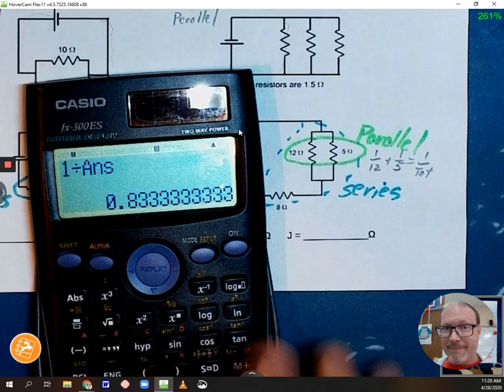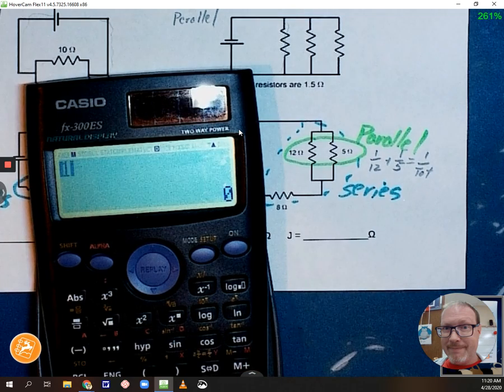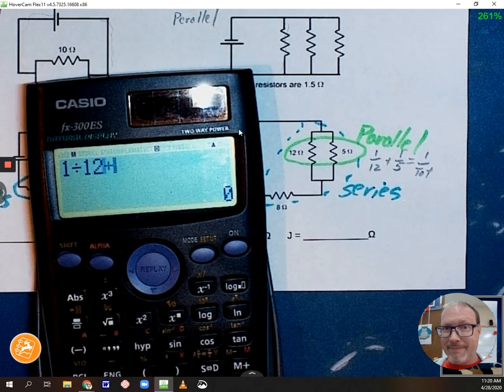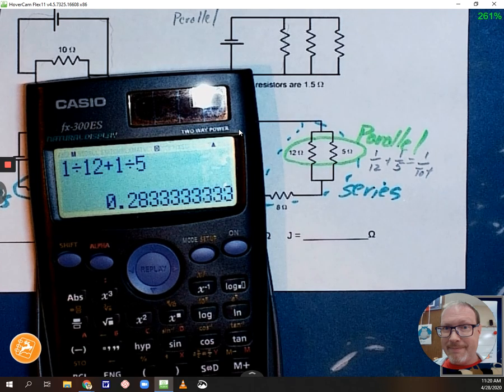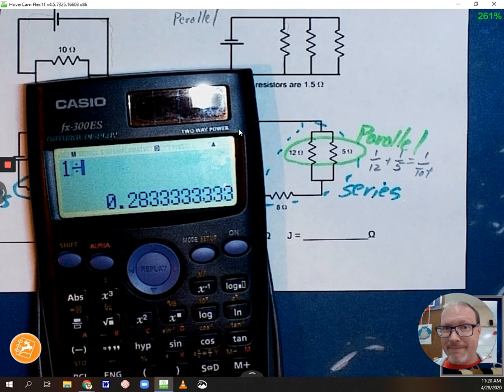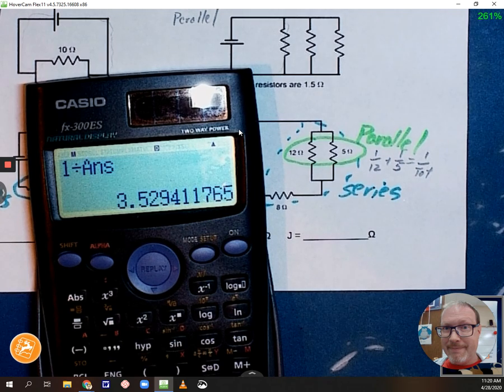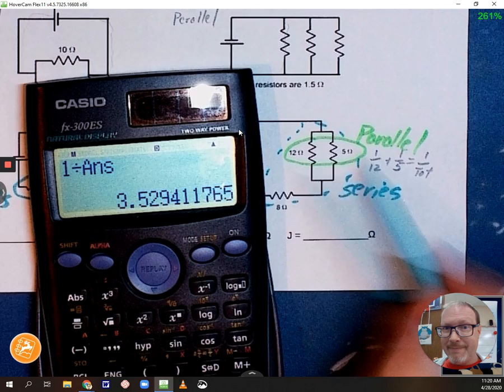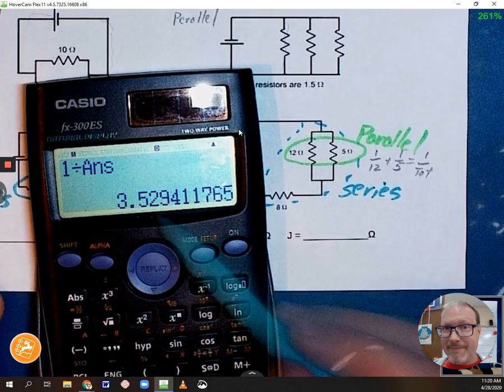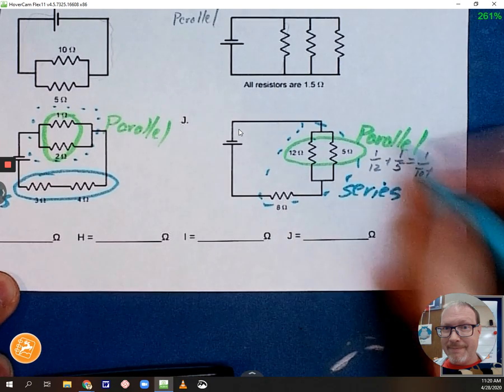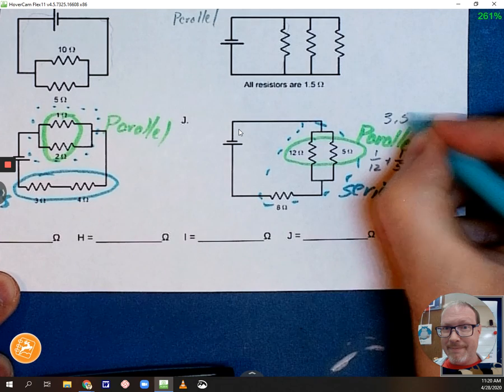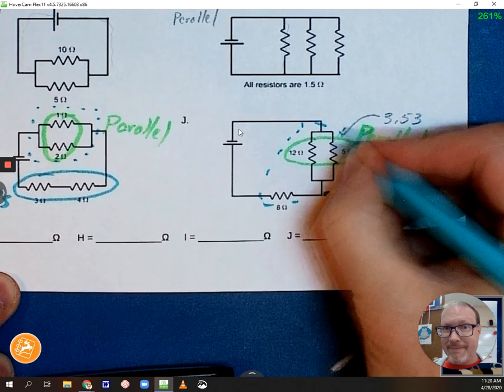So I start off by doing 1 divided by 12 plus 1 divided by 5. And I'm going to do 1 divided by my answer to flip it back over. So that tells me that the total resistance for just this portion is 3.53 ohms.